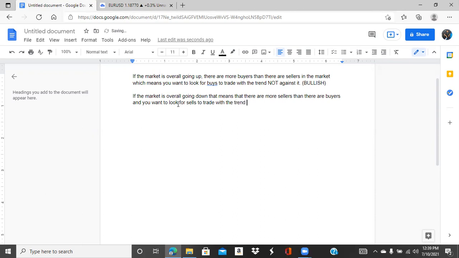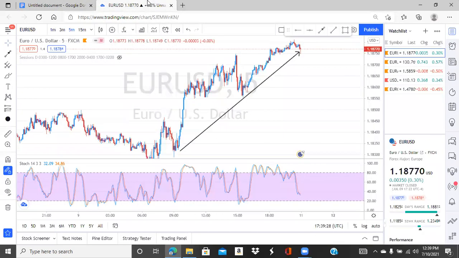To trade with the trend, not what? Against it. And this would be a very bearish market because it's overall going down. If you hear somebody say, "Oh, Euro USD is looking very bearish," that means Euro USD, we're looking for sells. All right.